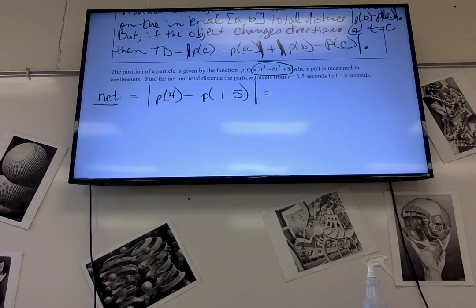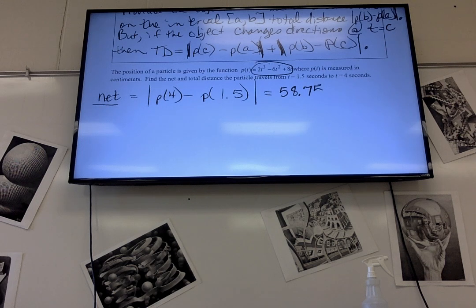What'd you guys get? 144 and 16.5. Oh, just go ahead and subtract them. Yeah. I put them in, I went ahead and did y1 parentheses 4 minus y1 parentheses 1.5. Oh, yeah. 58.75. What would the units be?